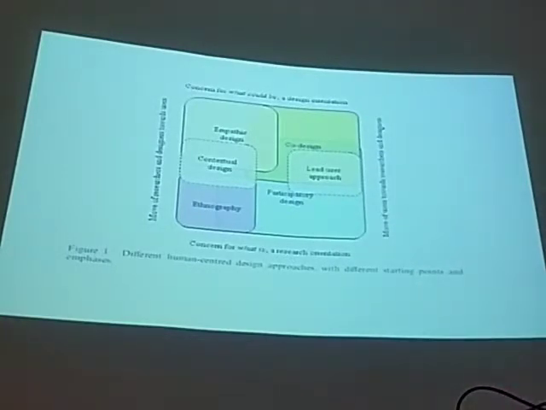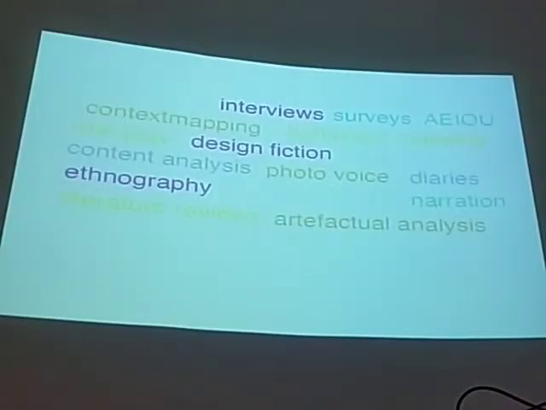All of these are research processes that help us to understand the world of people. And this is good, and this is valuable. And we do these things by all these kind of methods.